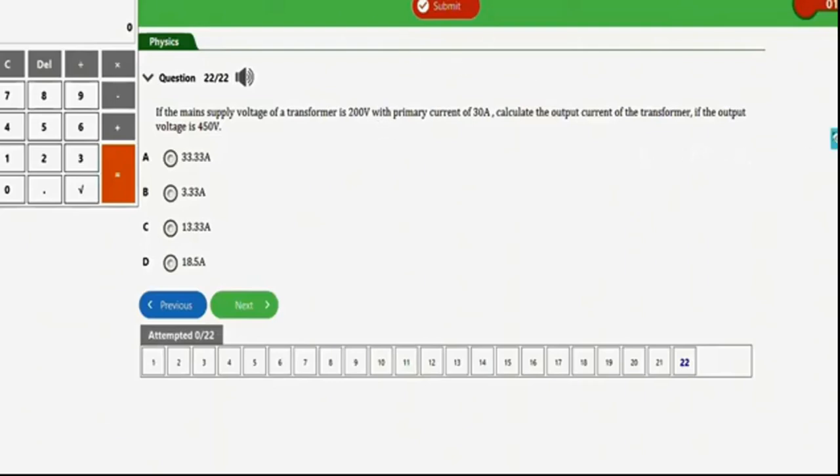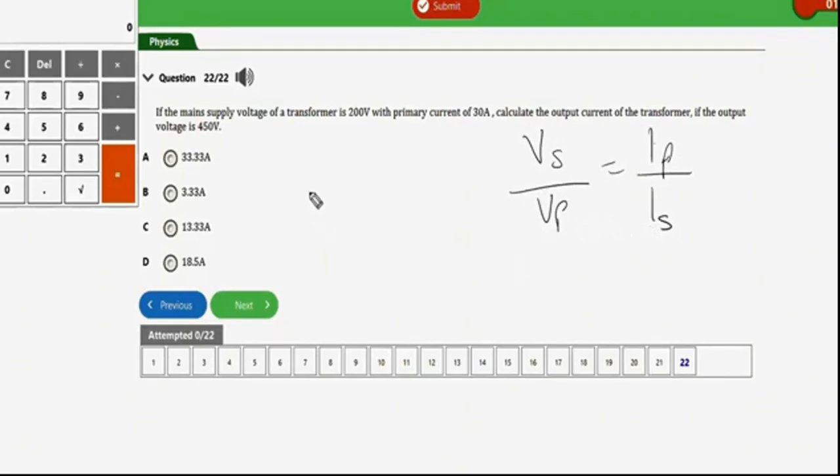Okay, so now take note, the formula we're going to apply will somehow be in a reverse form from the ones we have been using to solve all the calculative questions we have encountered in this video. For this particular one, the question does not involve number of turns, rather it involves voltage and current. So the formula to apply will be secondary voltage over primary voltage equals primary current over secondary current.